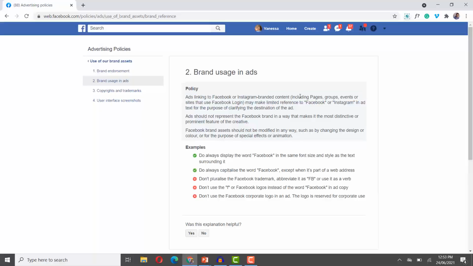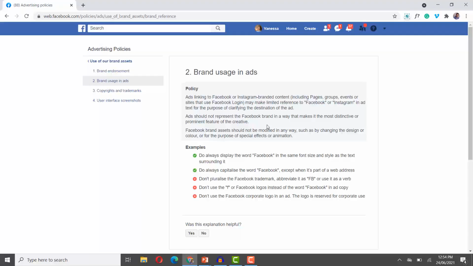Ads linking to Facebook or Instagram branded content, including pages, groups, events, or sites that use Facebook login, may make limited reference to Facebook or Instagram in ad text for the purpose of clarifying the destination of the ad. Ads should not represent the Facebook brand in a way that makes it the most distinctive or prominent feature of the creative. So it shouldn't be so obvious.